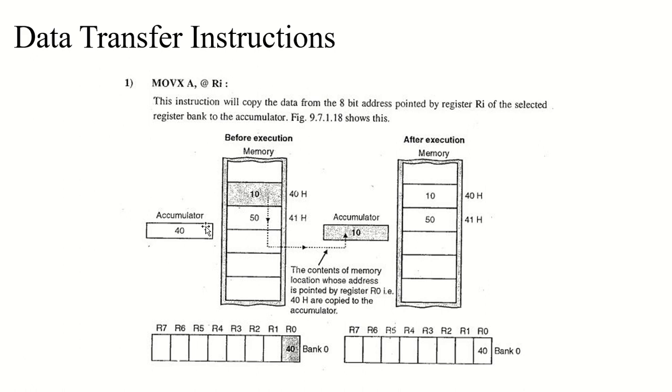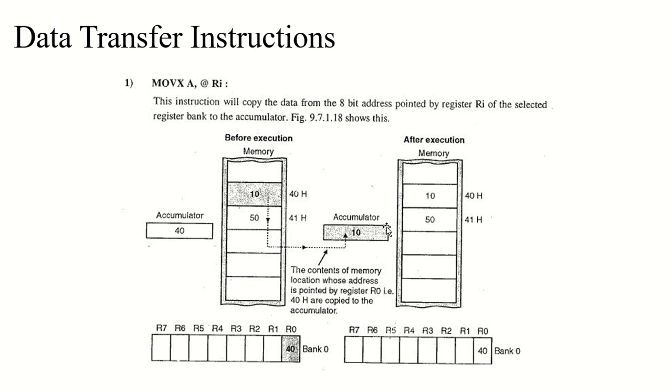It holds 10. What does the accumulator hold prior to execution? It holds 40. But the register R0 holds the 40h memory location. And what data is stored at 40h memory location? It's 10h stored here. So it will copy the 10 to my accumulator.